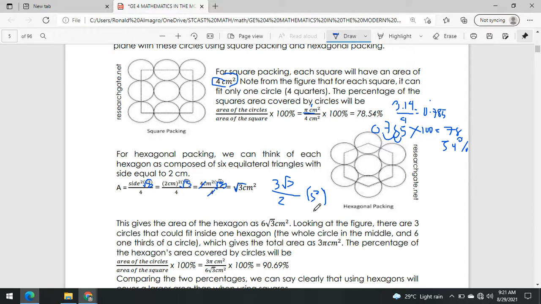As you can see, each side is 2 centimeters. You are required to substitute the value of 2 in the s. So 3 square root of 3.